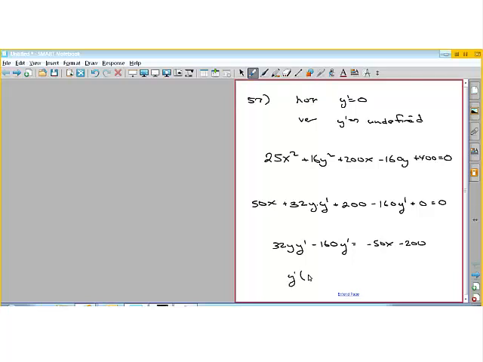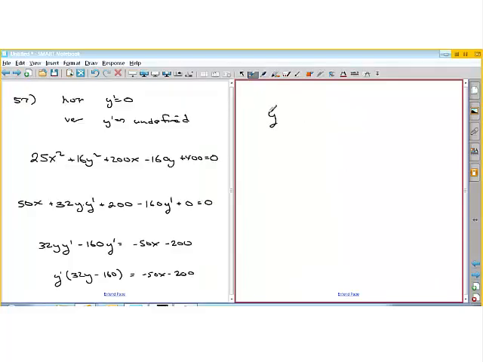Factor out y prime, 32y minus 160. Solve for y prime: negative 50x minus 200 divided by 32y minus 160.